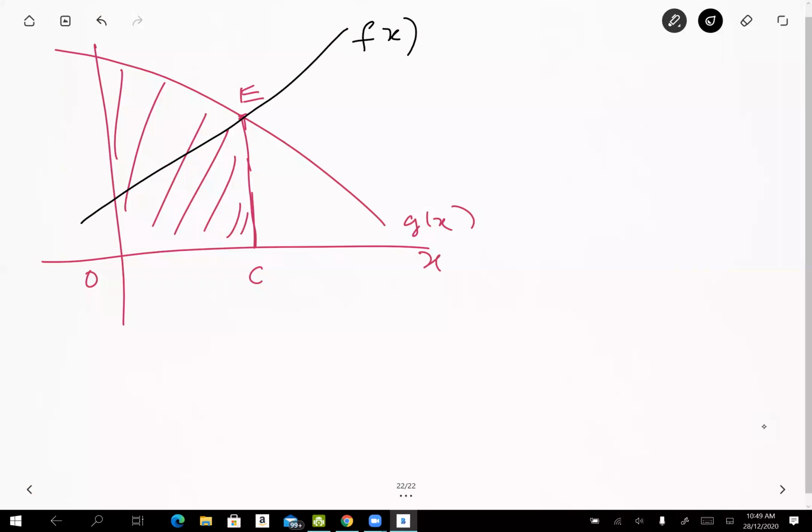I want only that part here, which we call C. Easy. If I want to find C, what do I need? What do I need to take away? Yes, the area C here.